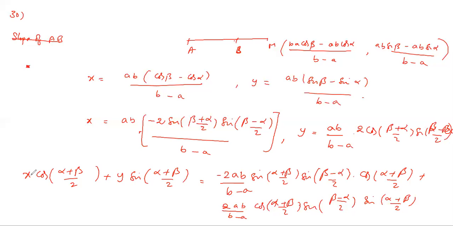Now we have to find x cos alpha plus beta by 2 plus y sin alpha plus beta by 2. Sin beta minus alpha by 2 is common, AB and B minus A are common. With this method also we will get it.